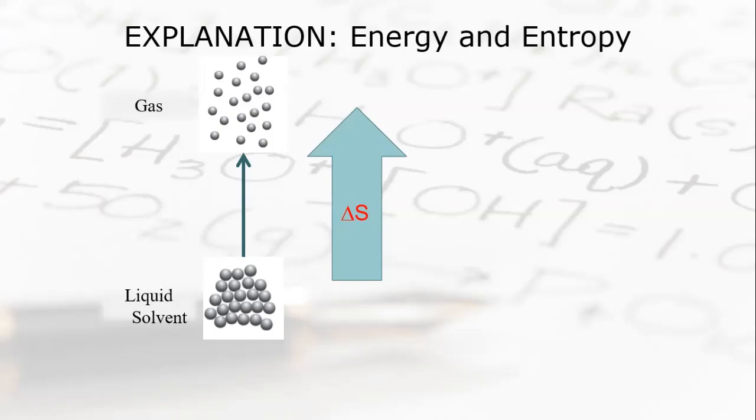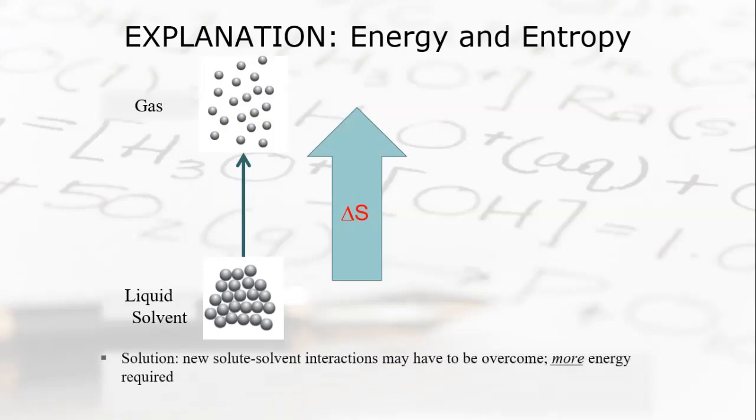Now, let's see what happens when I put a solute into my liquid solvent. In other words, when I make a solution. Well, first of all, notice that now, besides the liquid solvent interactions, you also have solvent-solute interactions.